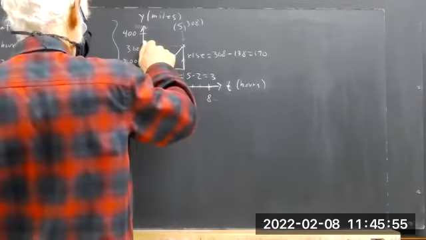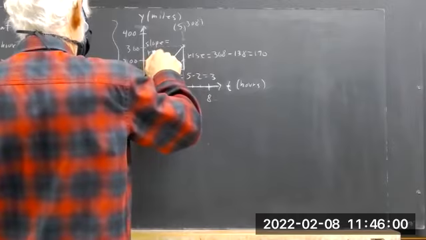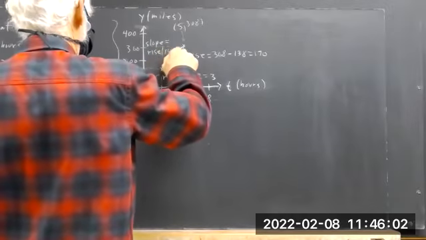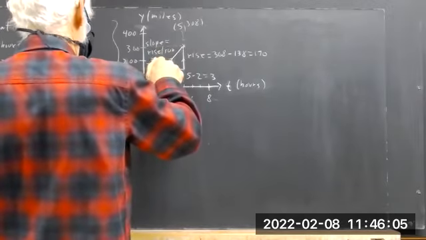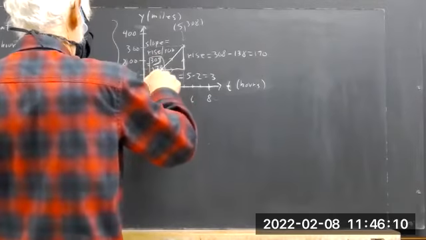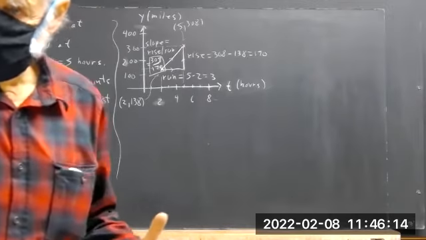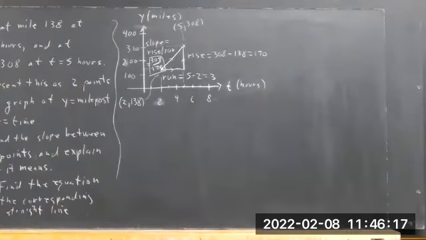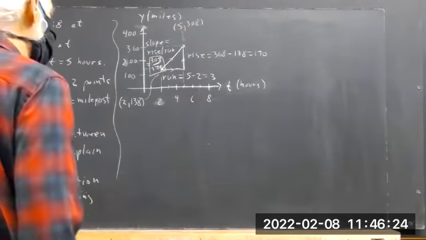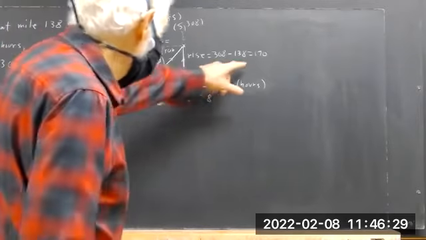So the slope is 170 over 3. Now that can be reduced. There it is in the raw numbers, okay? Well, it's not 308 over 170, it's 170 over 3.